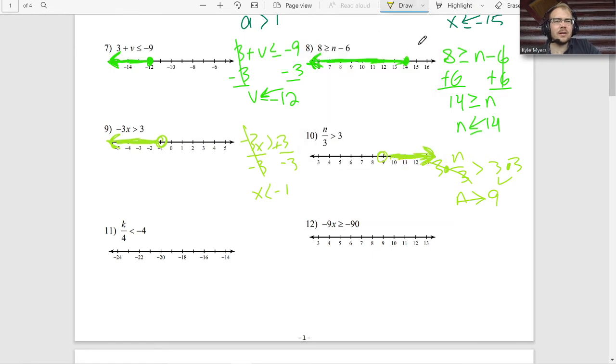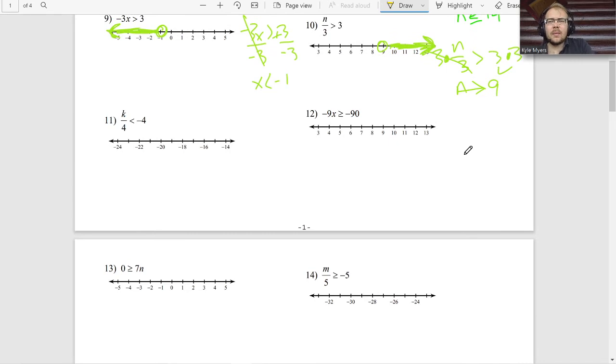Change to yellow here. And we have the k over negative 4 thing. Now there is a negative on the other side, but that's okay. Remember, it's if you multiply or divide both sides by a negative number. I am multiplying both sides of the inequality by positive 4.